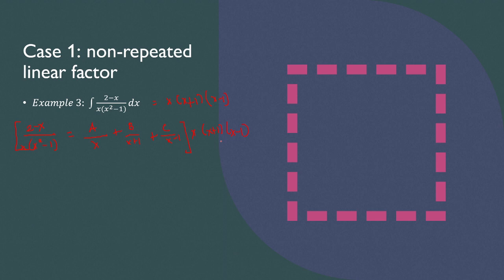To do this, we are going to get this one first: A times x plus 1 times x minus 1. Our b is x times x minus 1. Our c is x times x plus 1.